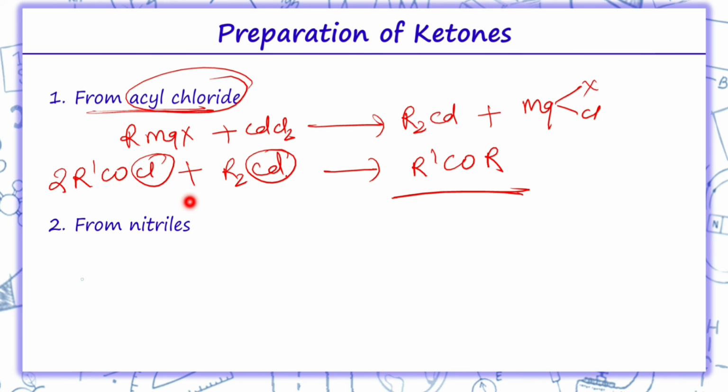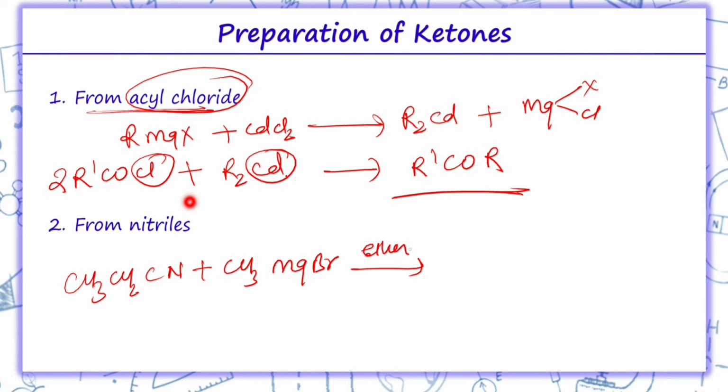From nitriles, like we have CH3CH2CN, it reacts with Grignard reagent CH3MgBr in ether. Thus, we will get CH3CH2C, with the triple bond becoming a double bond to NMgBr, and here we will write CH3.